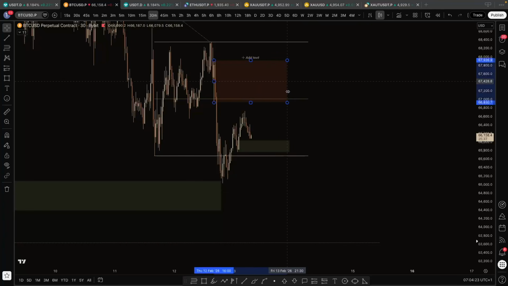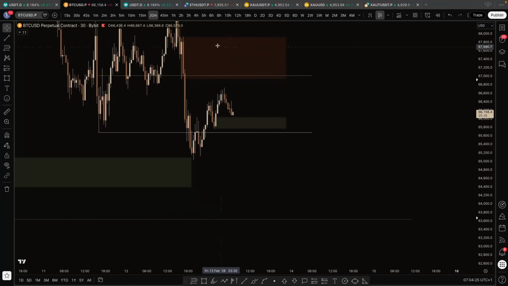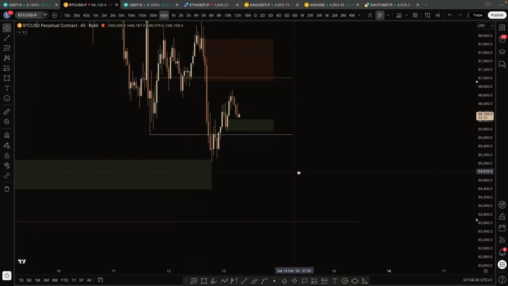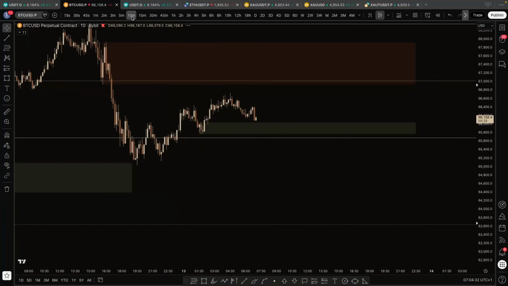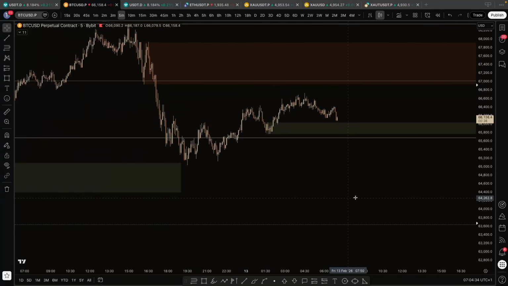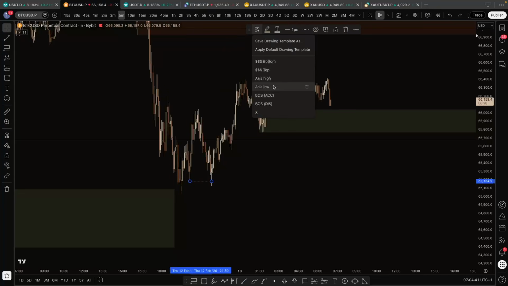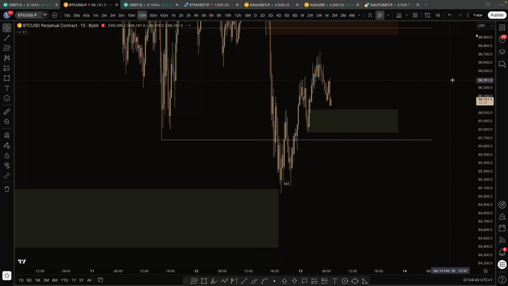So there's your demand already. I have a demand POI right here, which is unfortunate because that would make things way cleaner. But here as well, you took that extreme liquidity already.